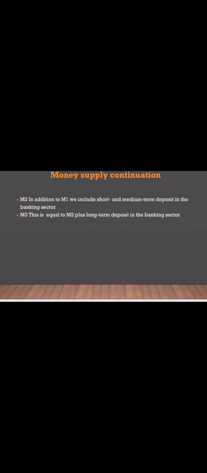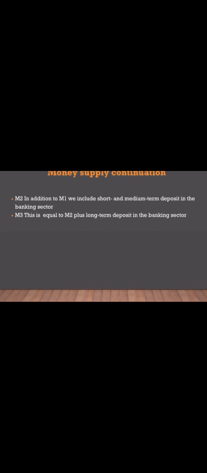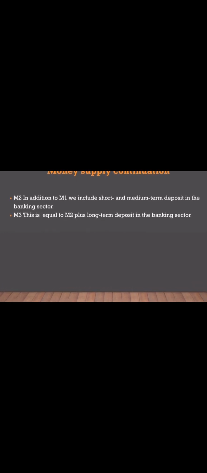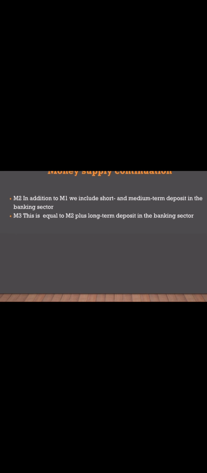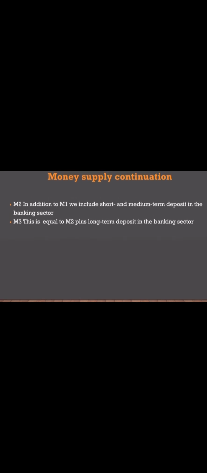When we include short-term and medium-term deposits, it will fall under M2. Then M3 is equal to M2 plus long-term deposits. Those long-term deposits in the banking sector are included in M3, where we want to know how much money is in circulation. Now the difference would be what is in M1, what is in M2, and what is in M3.